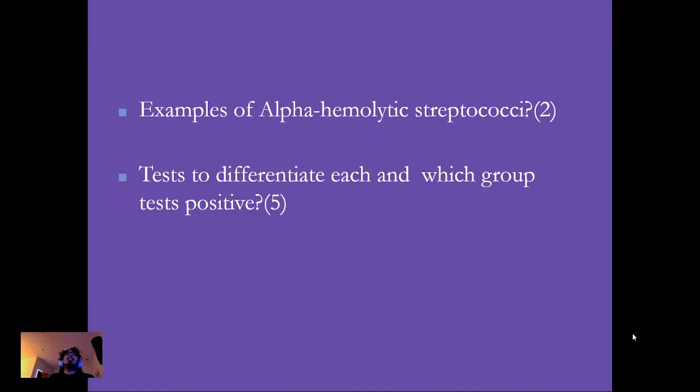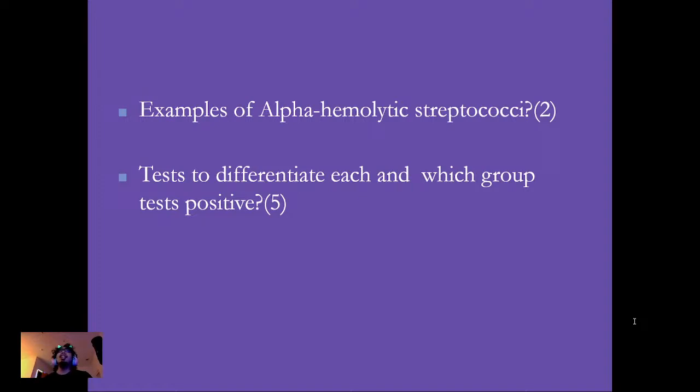Clear? Another name for optochin, class? Baka maloka kayo. Anong another name for optochin? Class, who knows the other name for optochin? Taxo A ba or Taxo B? Taxo P. Taxo P, o diba? Si Jericho alam, o diba? Ang hindi sumagot, hindi makakapasa sa board exam.